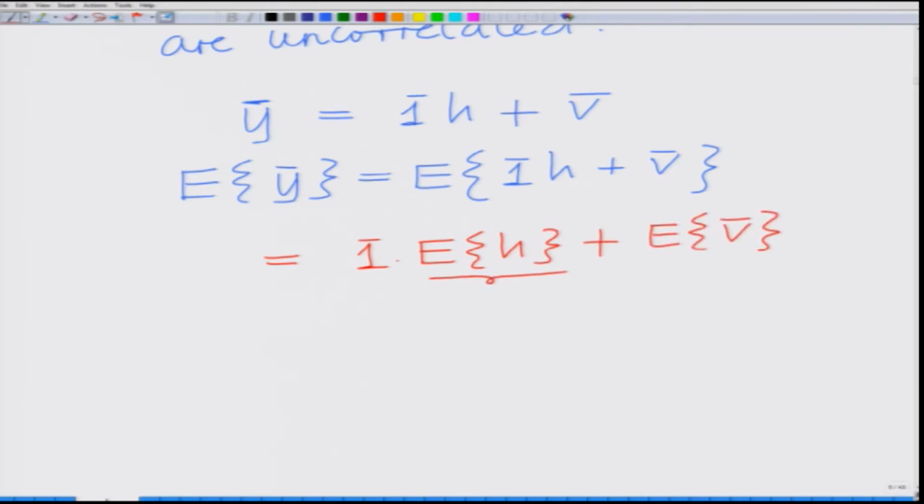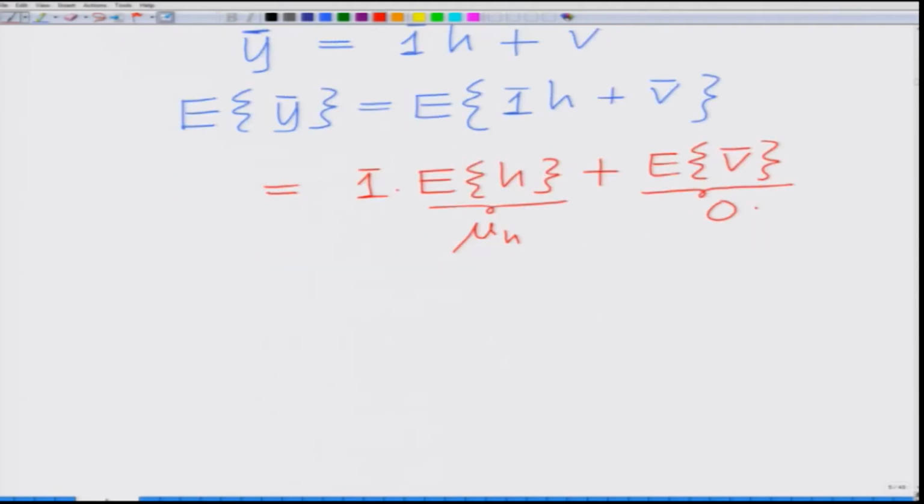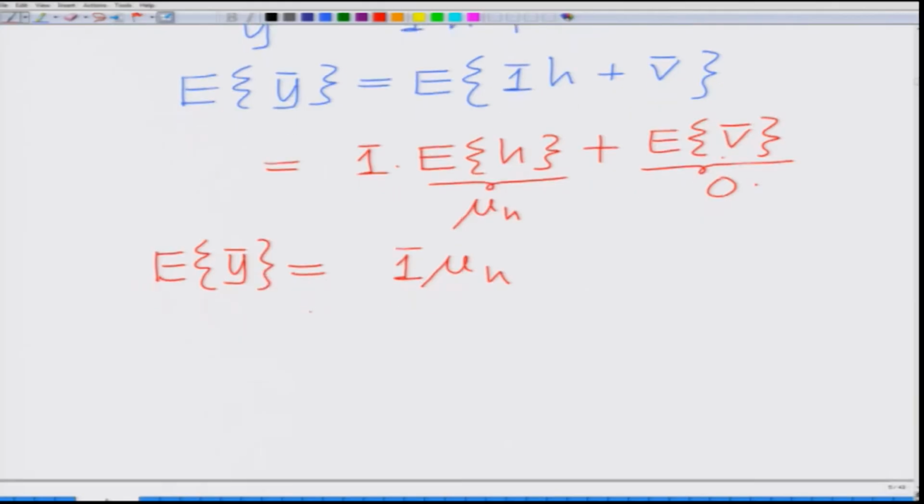Now, we know the expected value of h is mu h, and the expected value of v bar is 0, because the mean of each noise element is 0. So, it follows that the expected value of y bar equals 1 bar times mu of h. So, the mean of the observation vector equals 1 bar times mu of h.